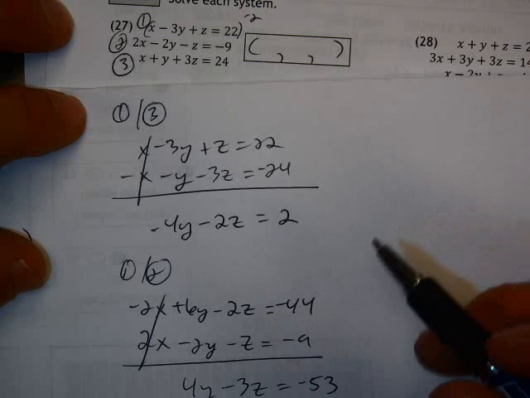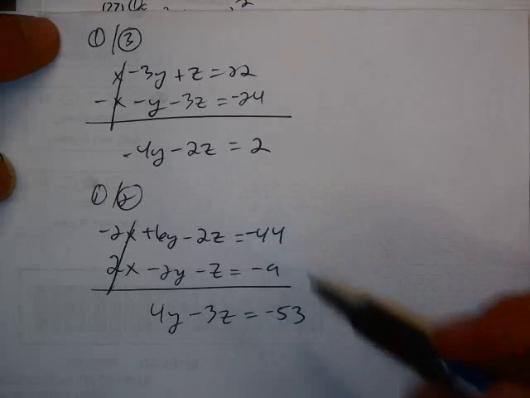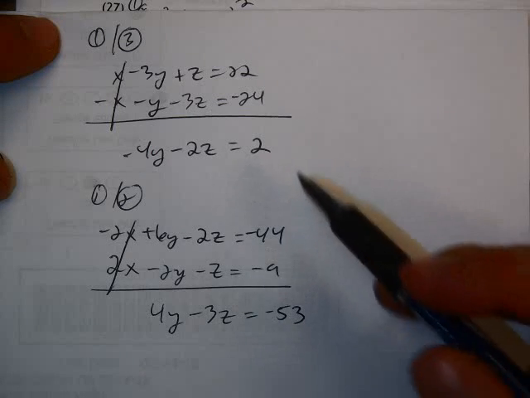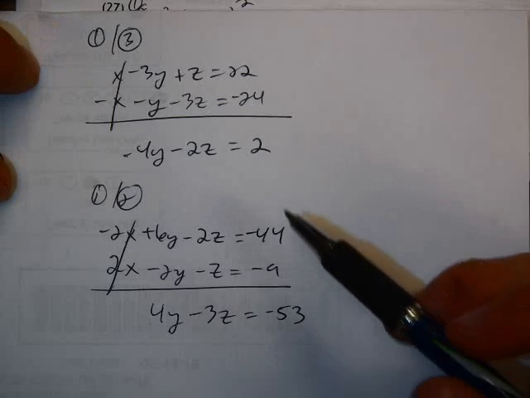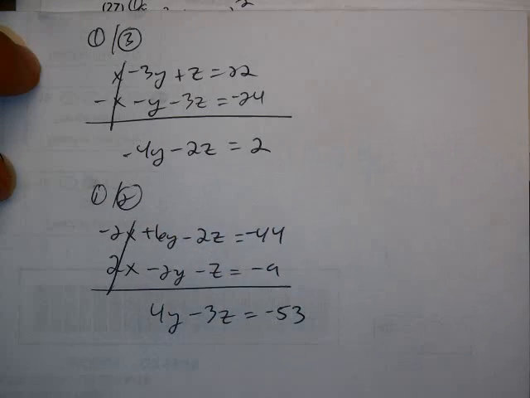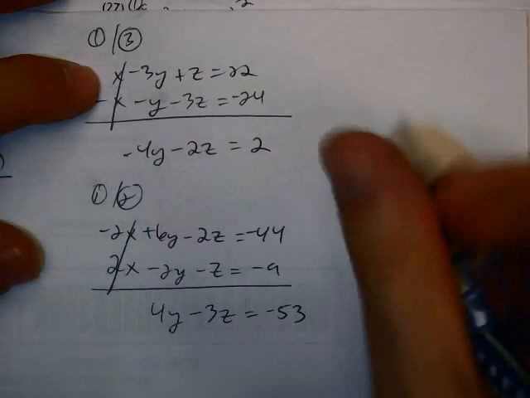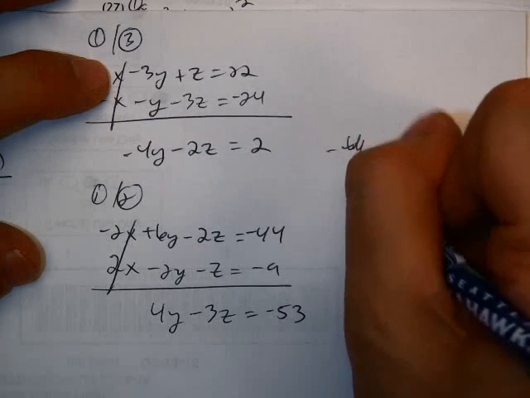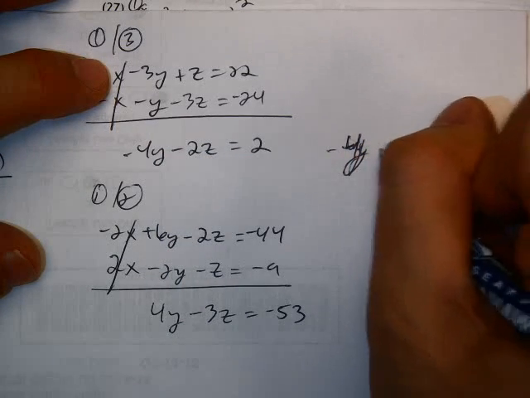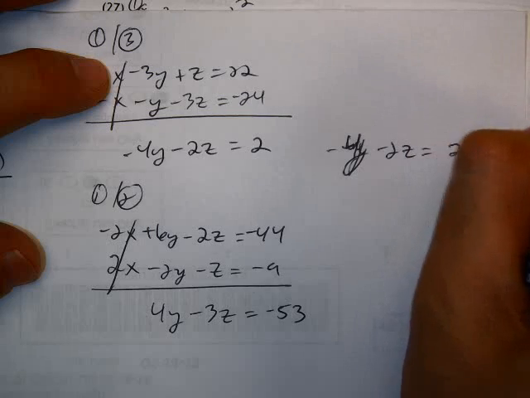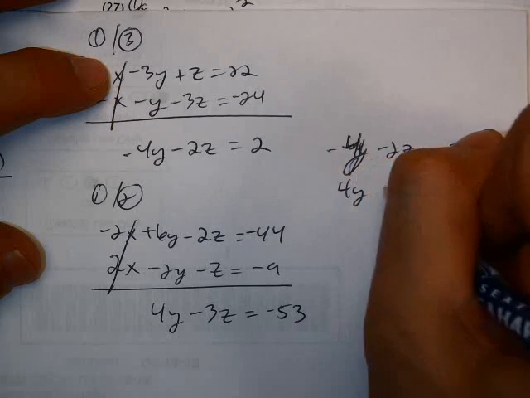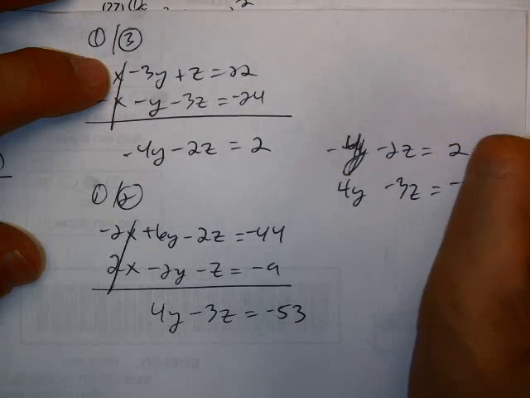Now I've got two equations with just y's and z's, and the nice thing is that the y's cancel out right away. So now I'm going to combine these together. I'm going to write the negative 4y minus 2z equals 2. Positive 4y minus 3z equals negative 53.